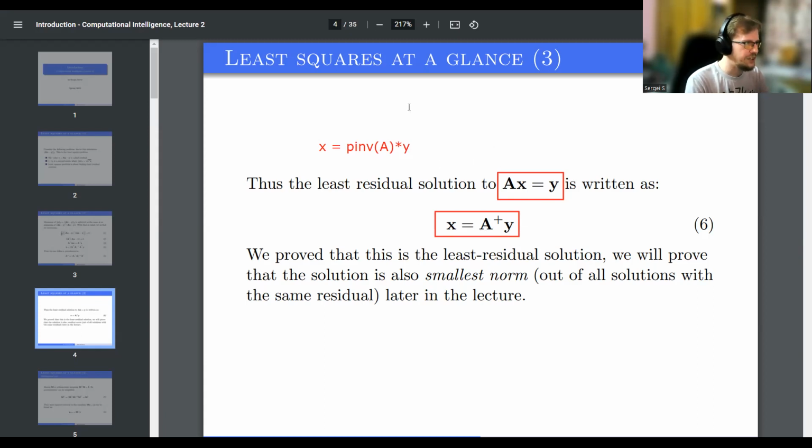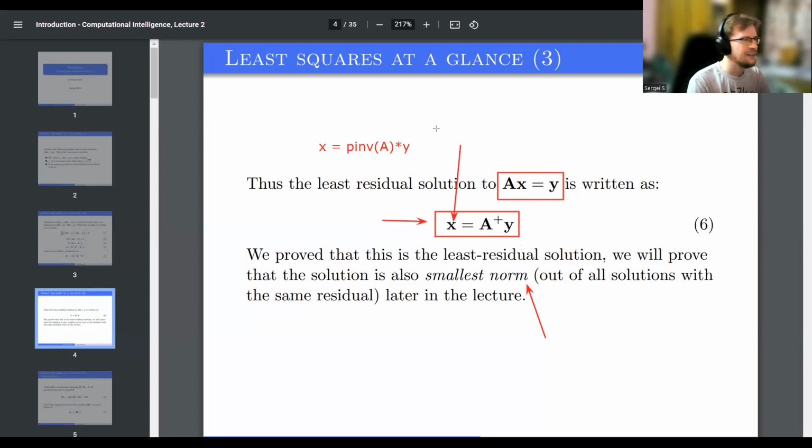We will prove later that this is also the smallest norm solution, okay? Not just least residual, but also smallest norm. What do I mean by smallest norm? It means that this x would also be the smallest x by size, by how big its norm is, out of every x that provides you least residual.